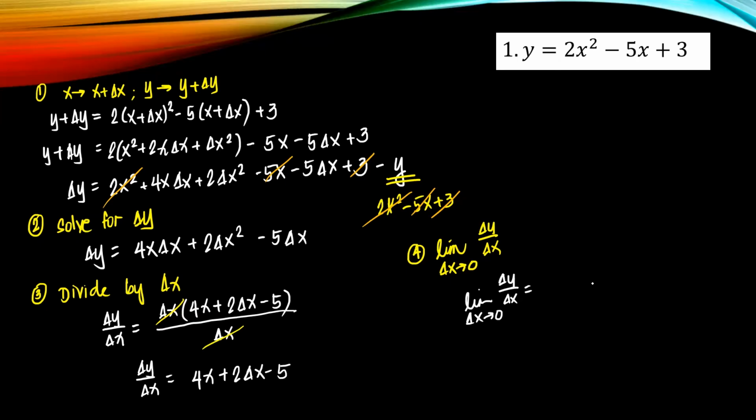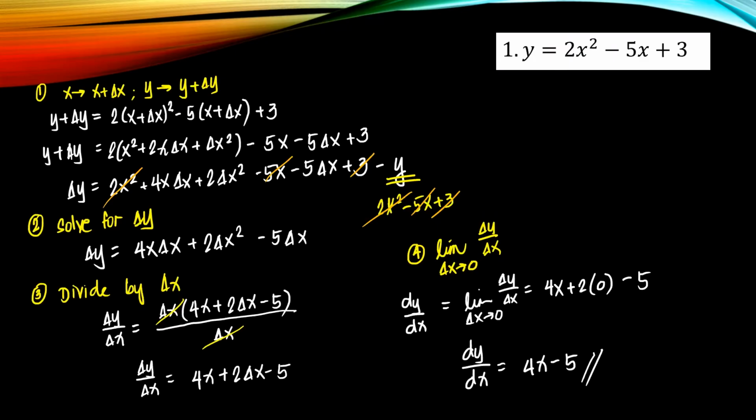So, delta x approaches 0. So that means this is 4x plus 2 times 0 minus 5. Am I correct? And when you're solving for the limit, guys, this one is actually changed to dy over dx. So that means the final answer, the derivative, is actually 4x minus 5.